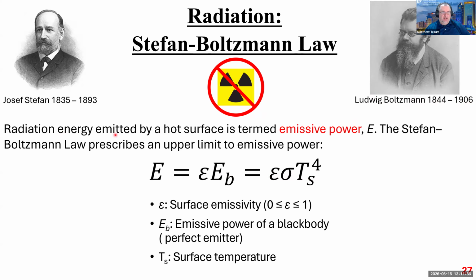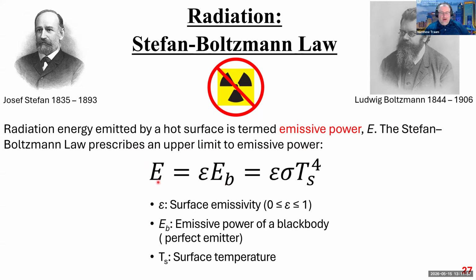So radiation energy is emitted by all hot surfaces. Any surface that's above 0 Kelvin, right, has some thermal energy associated with it, and it will emit energy, which is called emissive power, E. The Stefan Boltzmann law prescribes an upper limit to emissive power. Here it is.